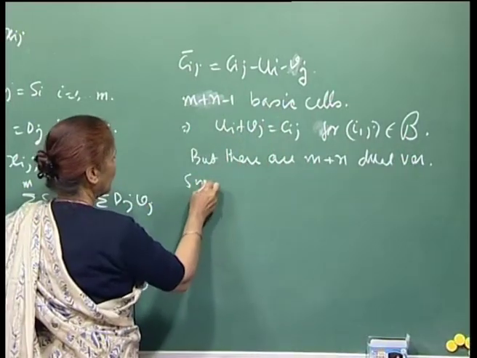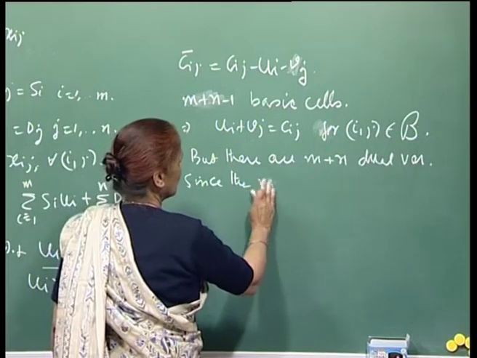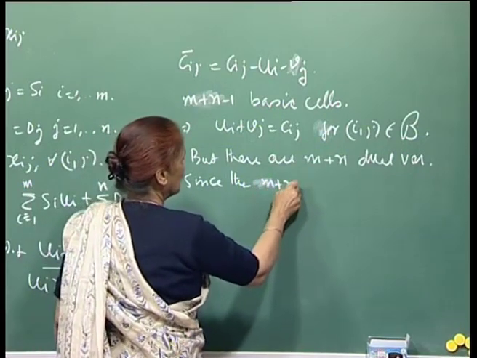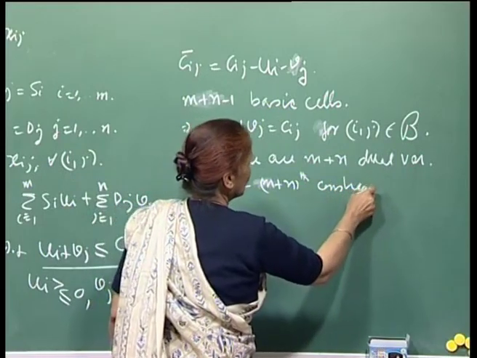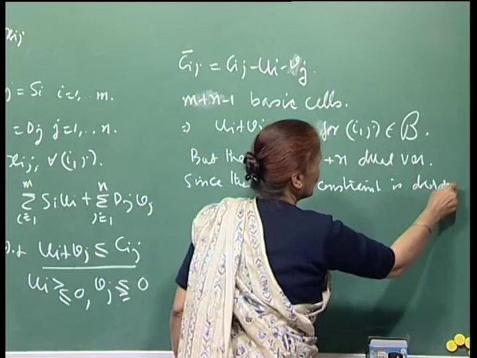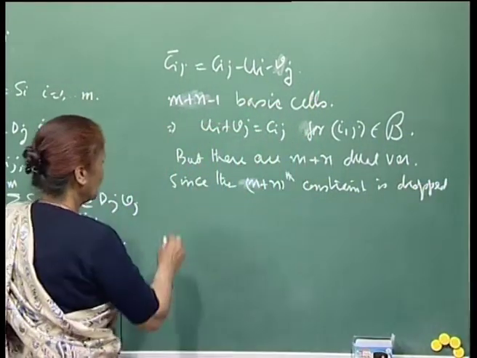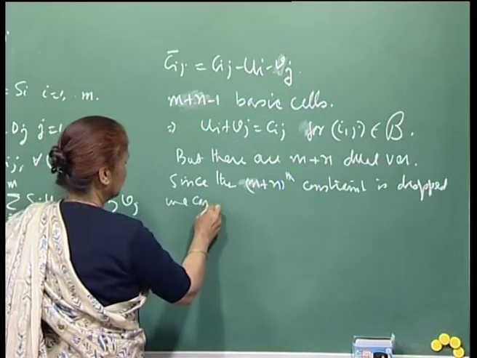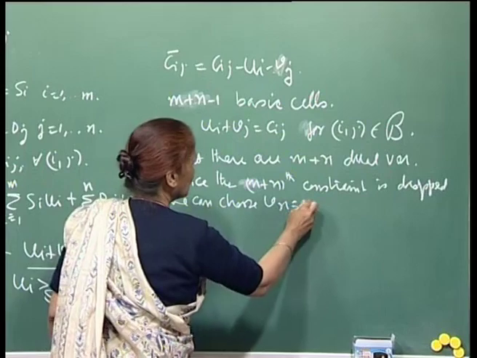Now, since the m plus nth constraint is dropped, we can choose v n to be 0.